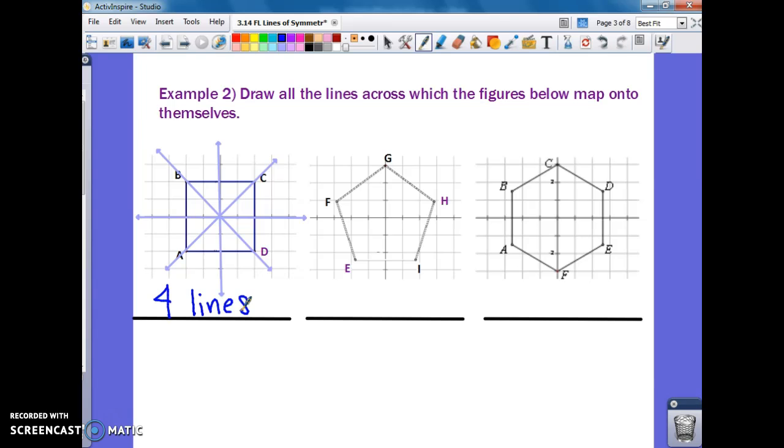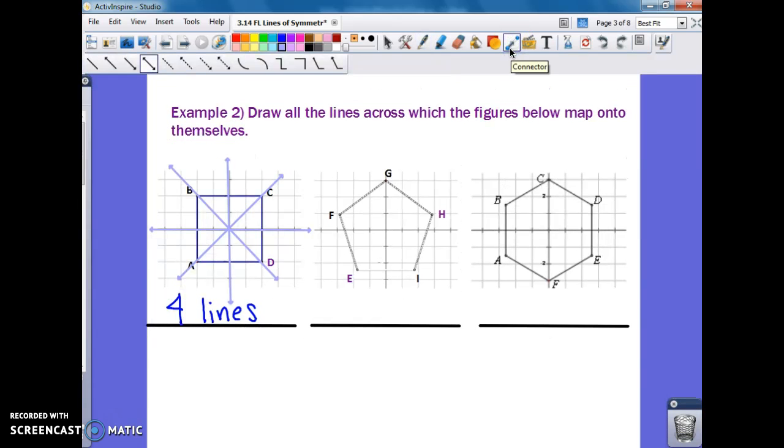The next shape we have is a pentagon. And a pentagon is not that obvious. You do have the one line of symmetry which starts at the top vertex and goes through the midpoint of the opposite side. But you need to do that at every vertex.